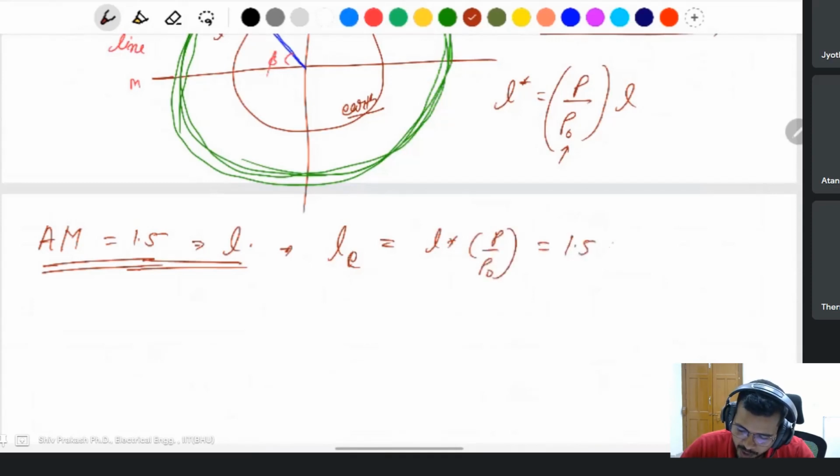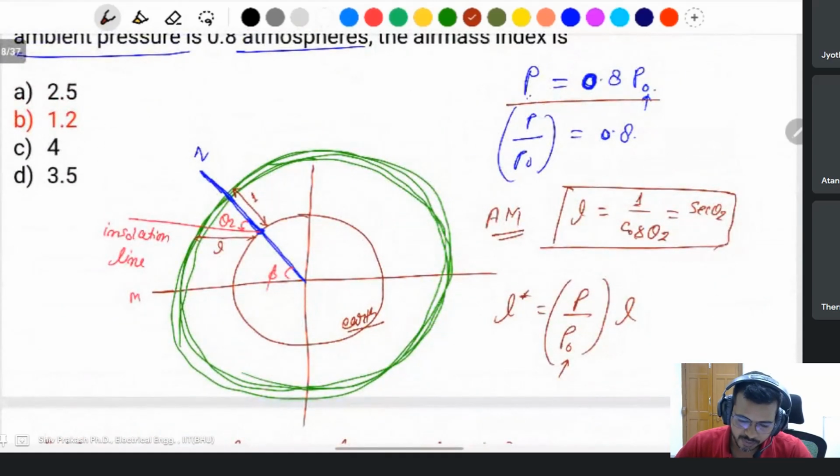This will be 1.5 into 0.8, which is 1.2. If the atmospheric pressure is the same at the same point, the air mass index will be the same, but at a different atmospheric pressure it will be different.